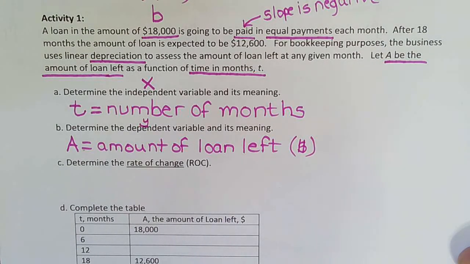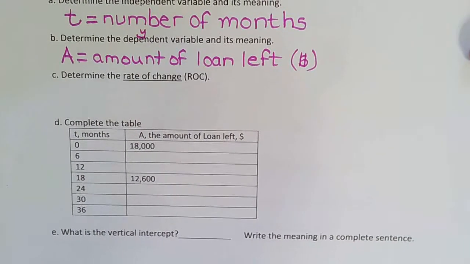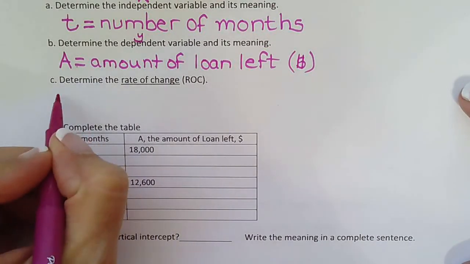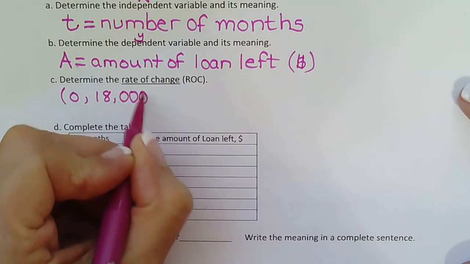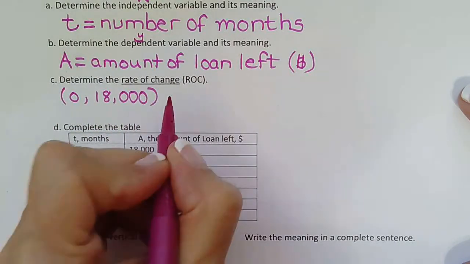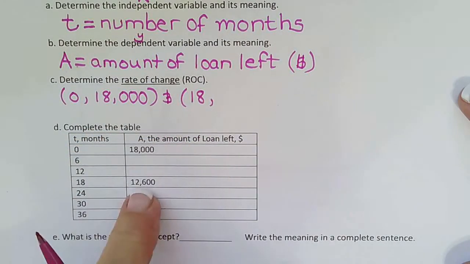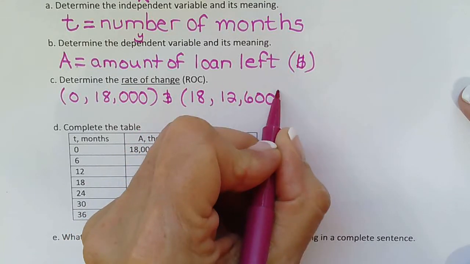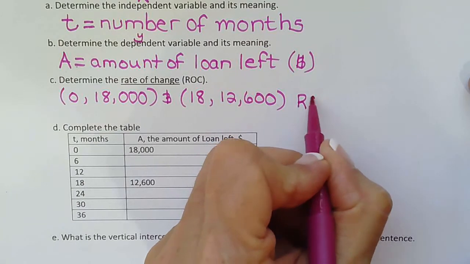Determine the rate of change. Well, rate of change we know is slope, and it requires 2 points, and boom, there's our 2 points. Let's write those down: (0, 18,000) and (18, 12,600). To find the rate of change, remember rate of change needs a label.